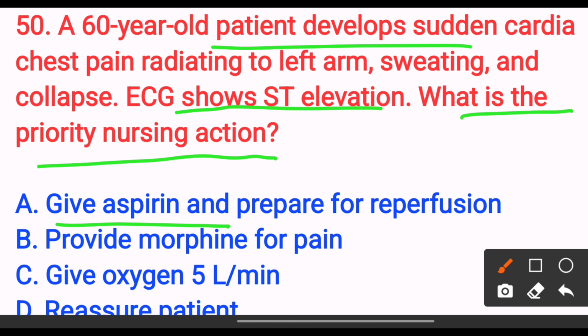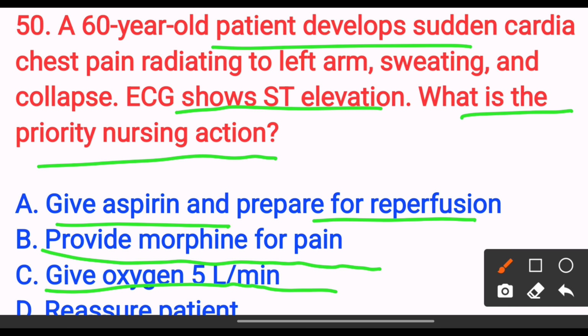Option A, give aspirin and prepare for reperfusion; option B, provide morphine for the pain; option C, give oxygen 5 liters per minute; option D, reassure the patient. The answer is option A, give aspirin and prepare for reperfusion, because ST elevation MI needs immediate aspirin, and reperfusion is lifesaving.